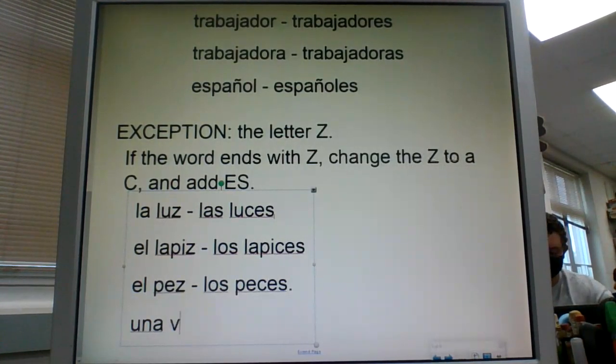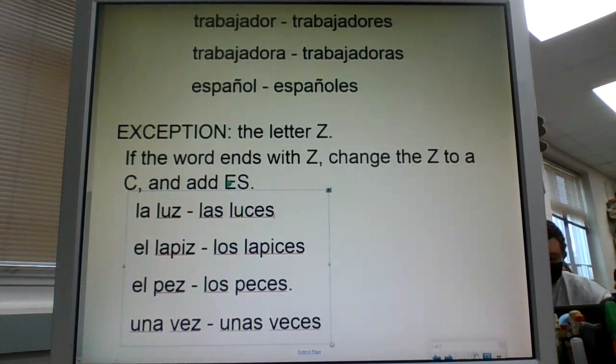Una vez goes to, can someone help me, what do we need to do here? Help me out. One time, una vez, goes to sometimes. How would I do sometimes? Unas veces.